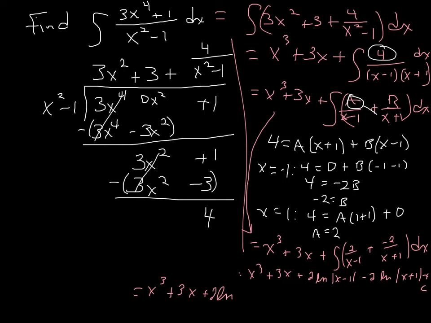I'm going to leave it outside just for right now since both terms have a 2, and I'm going to write it as the absolute value of x minus 1 over x plus 1 plus c, but you could also write that as x cubed plus 3x plus the ln of x minus 1 over x plus 1 quantity squared. And I completely ran out of room thanks to that c. So let me just write that as a squared and then plus c. Sorry for running out of room.